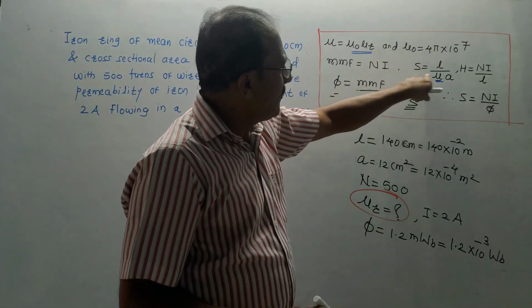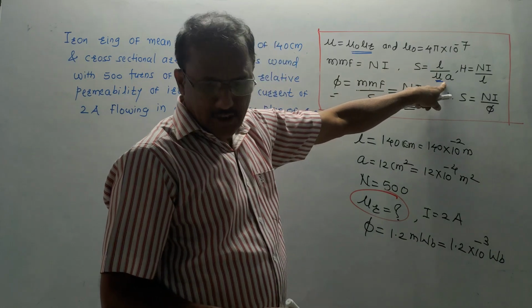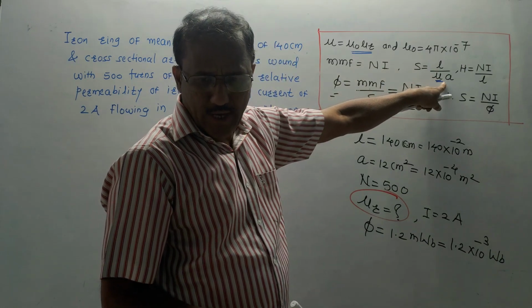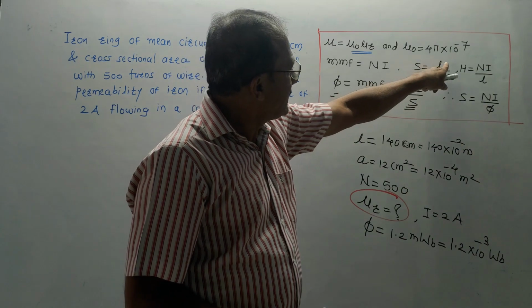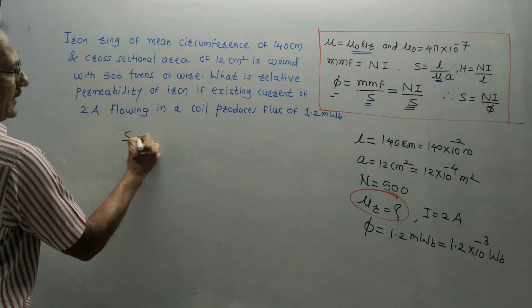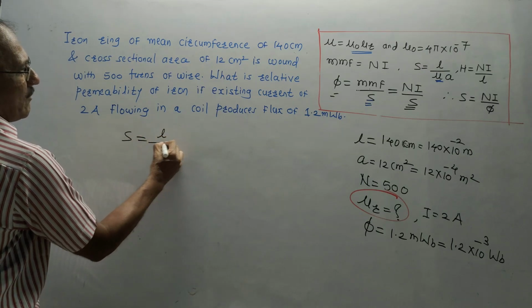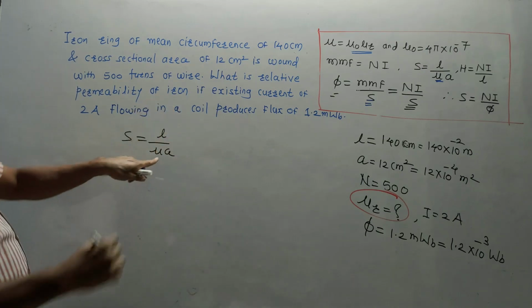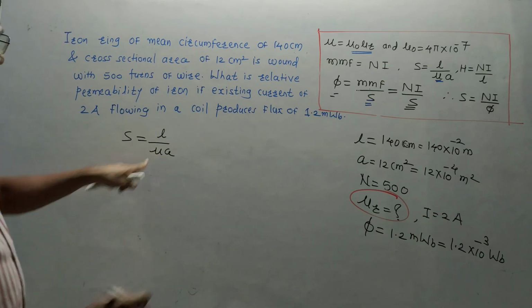Refer all these formulas. We have the term mu in this formula, that is S is equal to L upon mu A. So first I will write this formula. S is equal to L upon mu A. Keep in mind, this mu is mu 0 mu r.